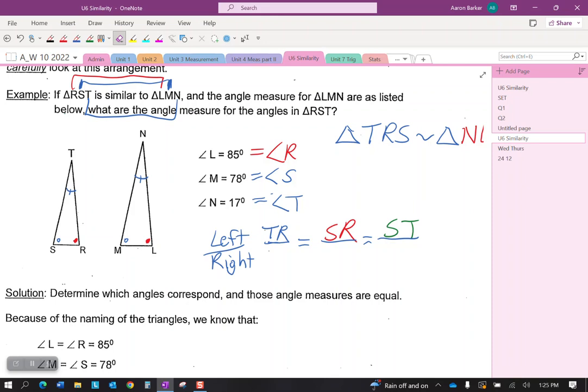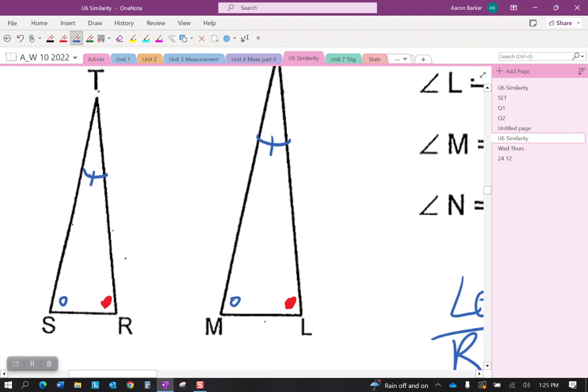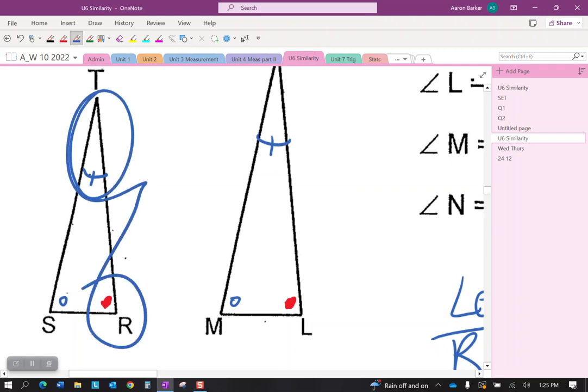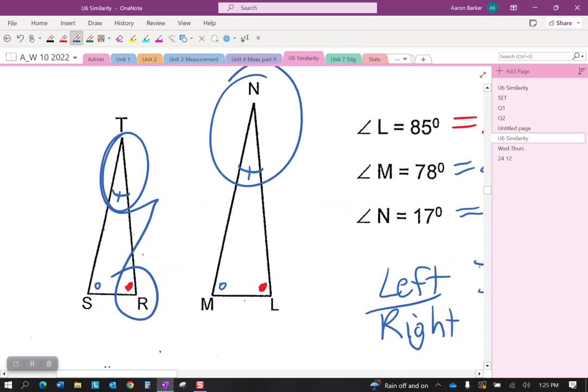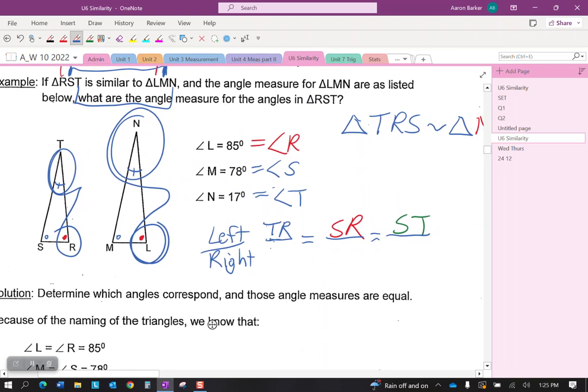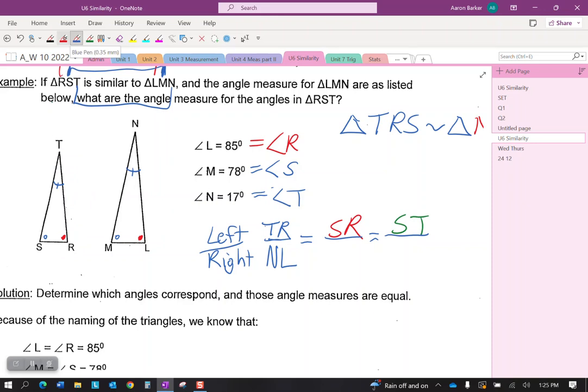So what goes underneath TR? Which side is between the angle symbol and the dot? It's going to be NL. That is the corresponding side. It must go underneath. The angles tell you that. The angles help tell you which sides correspond. The next side I have is SR. SR is between the dot and the circle.